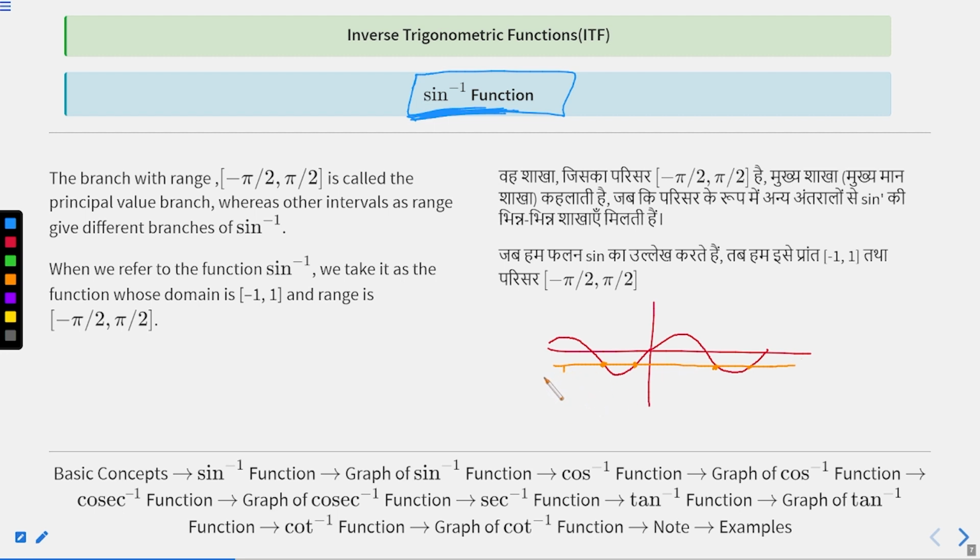So this means it is indeed not 1-1 on the whole of the real numbers. But we need the inverse function, so in order to define it, we need our sine x function to be 1-1 and onto. That's the reason behind it.